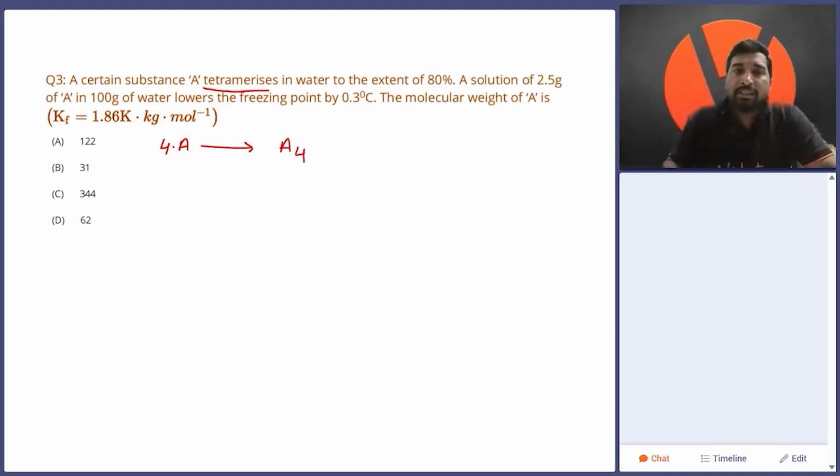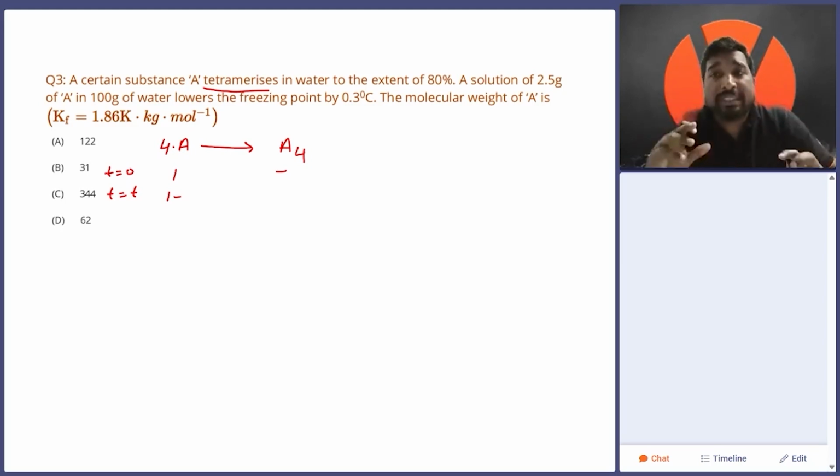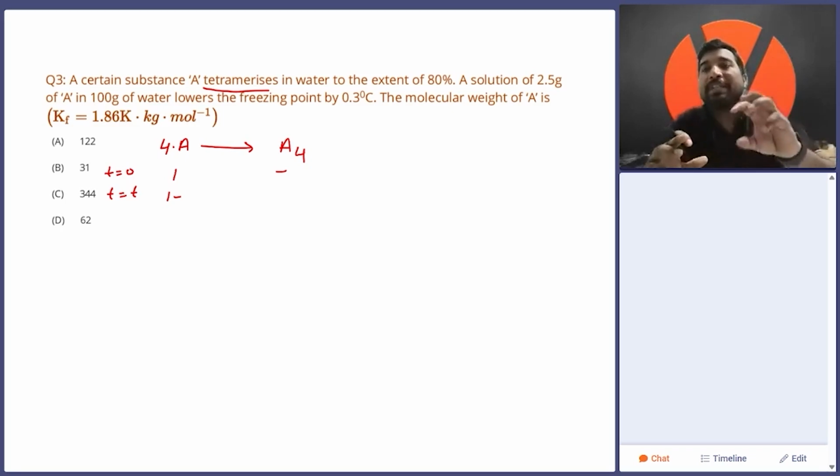Let's suppose at time t equal to 0, the number of moles we have is 1. After time t, 1 minus 0.8, up to the 80% extent, the A will tetramerize.